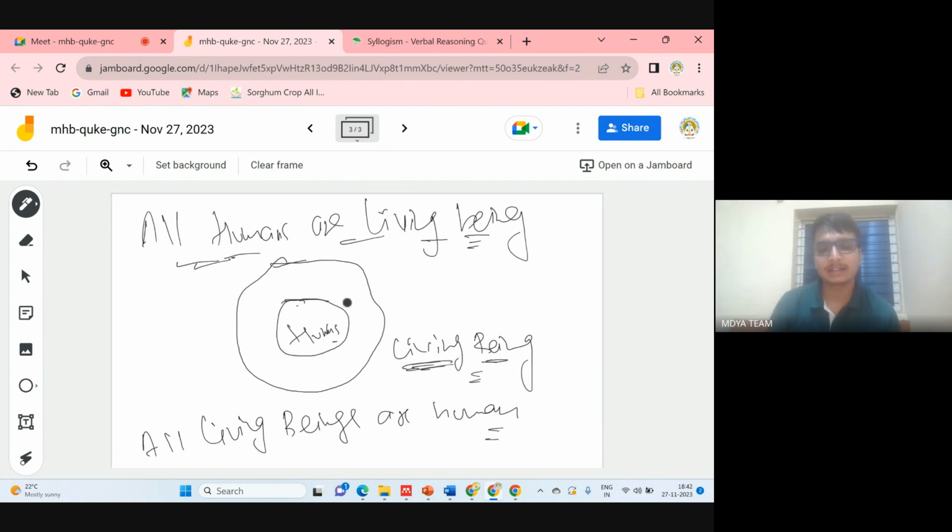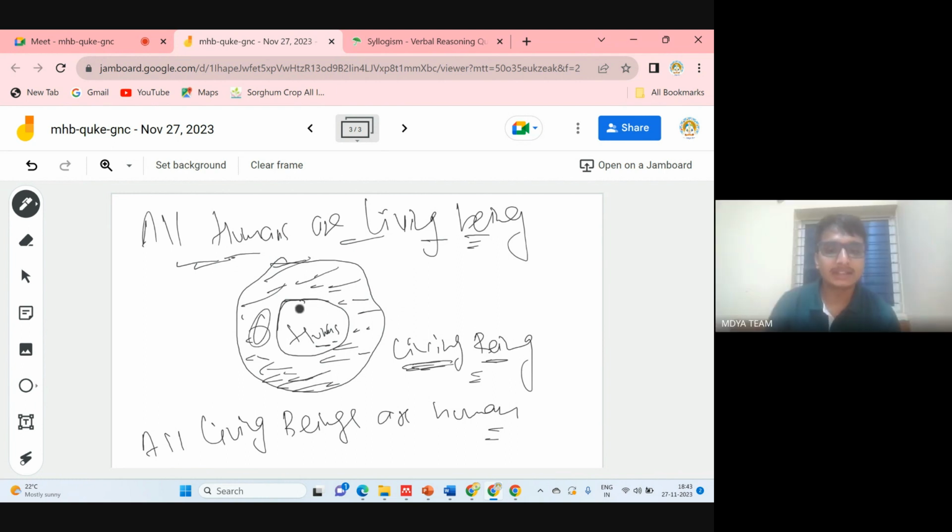You are answering correctly, but how to understand this in the Venn diagram? How will you apply the concept of Venn diagram? Let's see here. Humans are coming under this living being circle, but many parts of the living being circle are not covered by humans. That means all this part is not human.